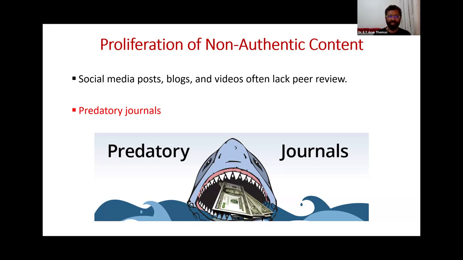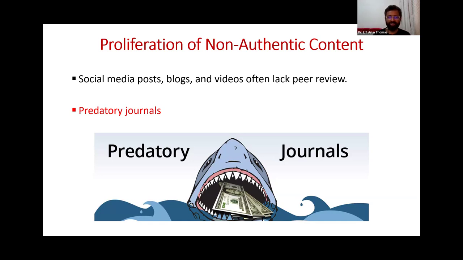And more importantly, there are a lot of predatory journals. Predatory journals collect article processing charges from the authors. They may charge up to 50,000 or 1 lakh rupees for an author to publish their article in their journal. They just work to get money. They are not owned by any societies. They are not for any scientific cause or any cause for society, but are just money-making journals.